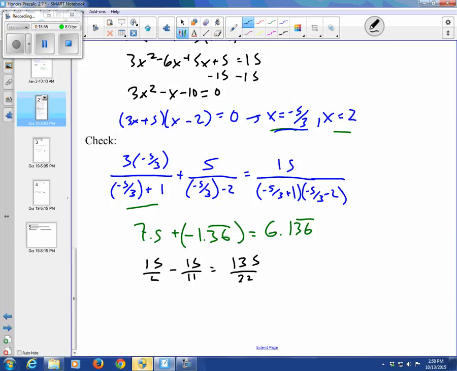So by getting common denominators here, we can say we'll multiply 15 by 11 here and get 165 over 22, and then minus, we multiply the numerator and denominator by 2, we get 30 over 22 equals, and then right here we get 135 over 22.